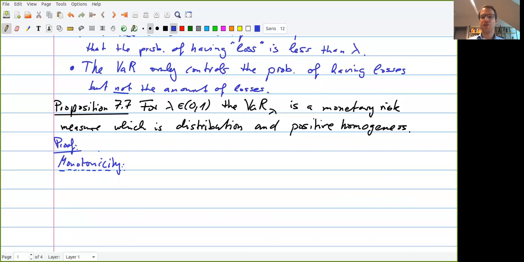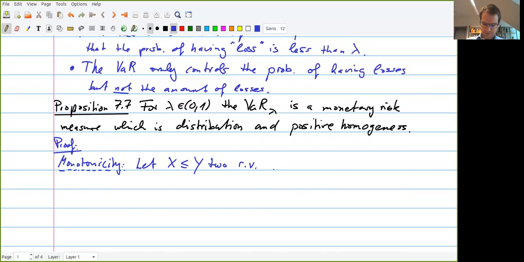Quantiles are the inverse of a distribution function. And this is always what we need to familiarize ourselves with. And if we have done this, then it's actually rather straightforward calculations to prove it. So let's take two random variables which are ordered here. So Y is bigger or equal than X.